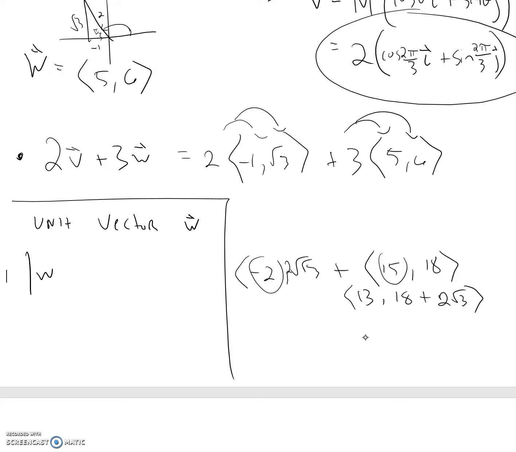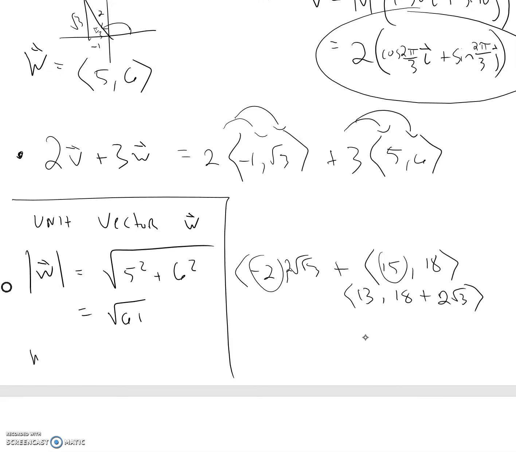So remember, you got to find the magnitude of w. 25 plus 36 is 61. That's the magnitude. And then, so the unit vector, we would just divide each component by its length. So 5 over root 61, 6 over root 61.